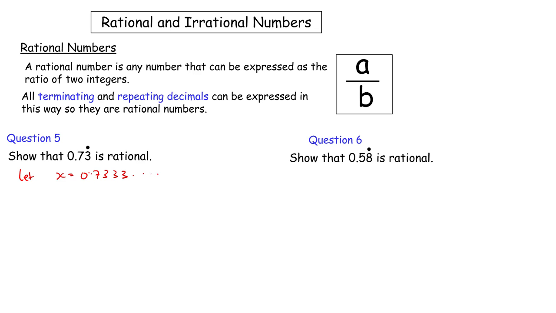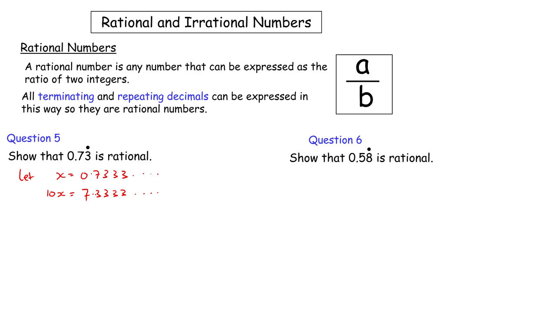Now that 7 makes it slightly different because the 7 isn't recurring. So if I multiply by 10, I have 10x, that's going to give me 7.3333 recurring. That doesn't help me because if I subtract, I'm still going to have decimal places.